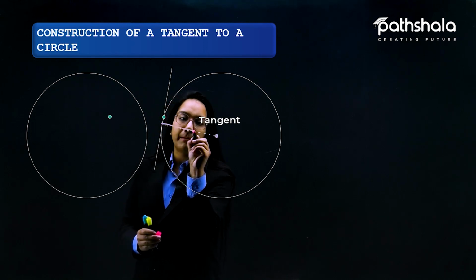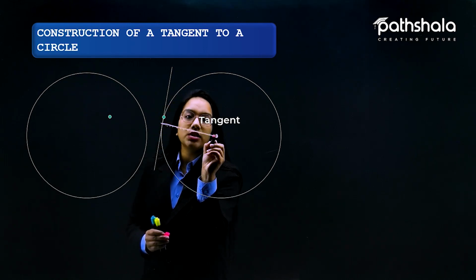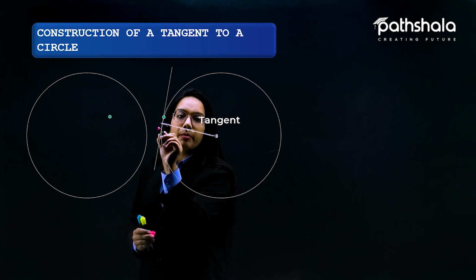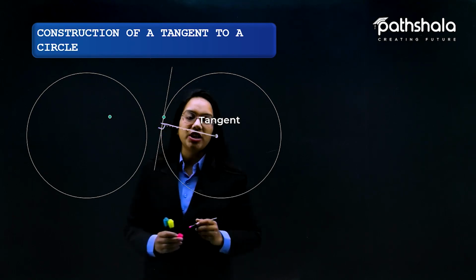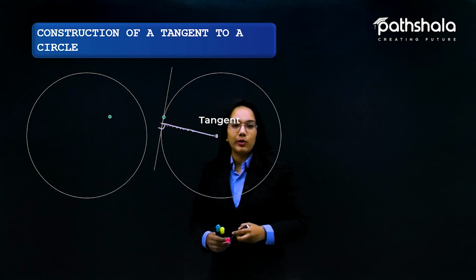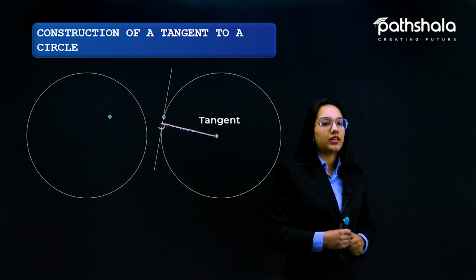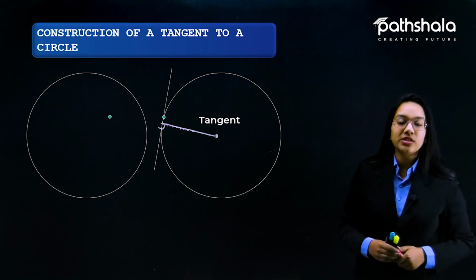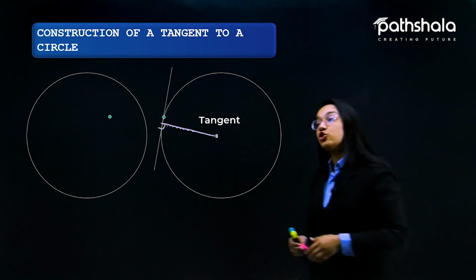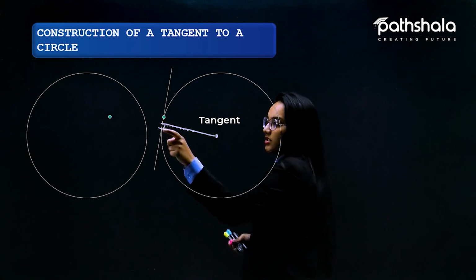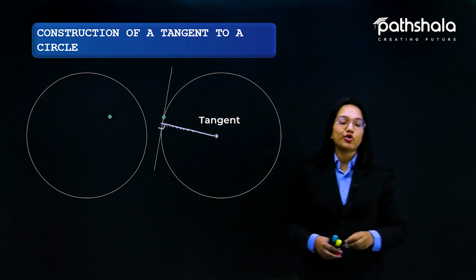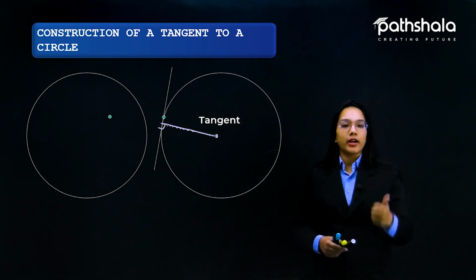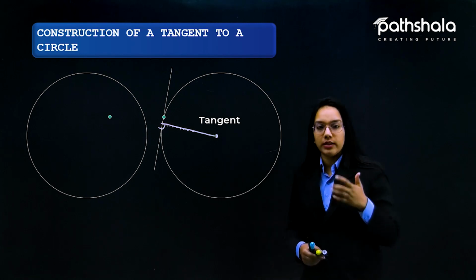So this is always perpendicular in the case of a tangent. We already know that whenever we draw a tangent at a point and join this point with the radius, this is always perpendicular. So this is all about the one tangent for this circle.